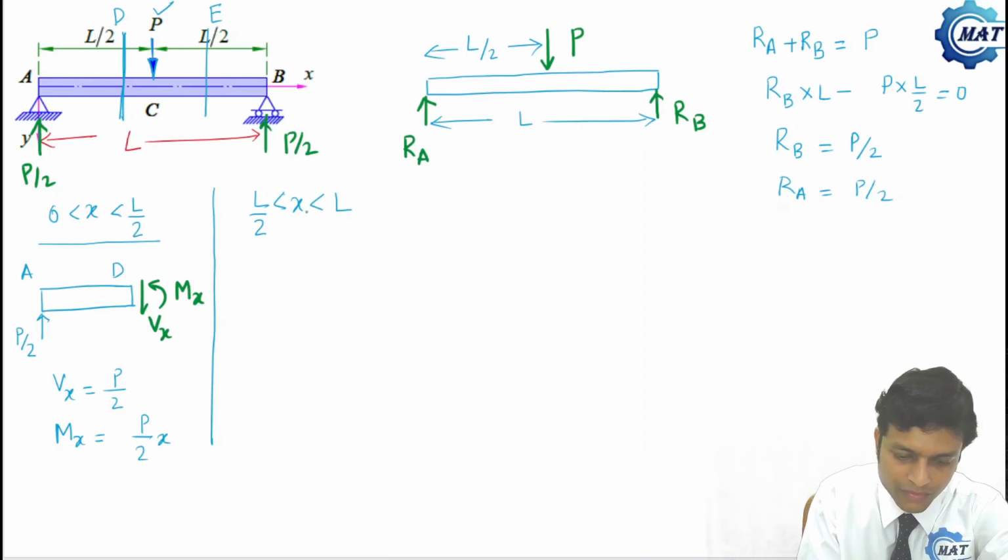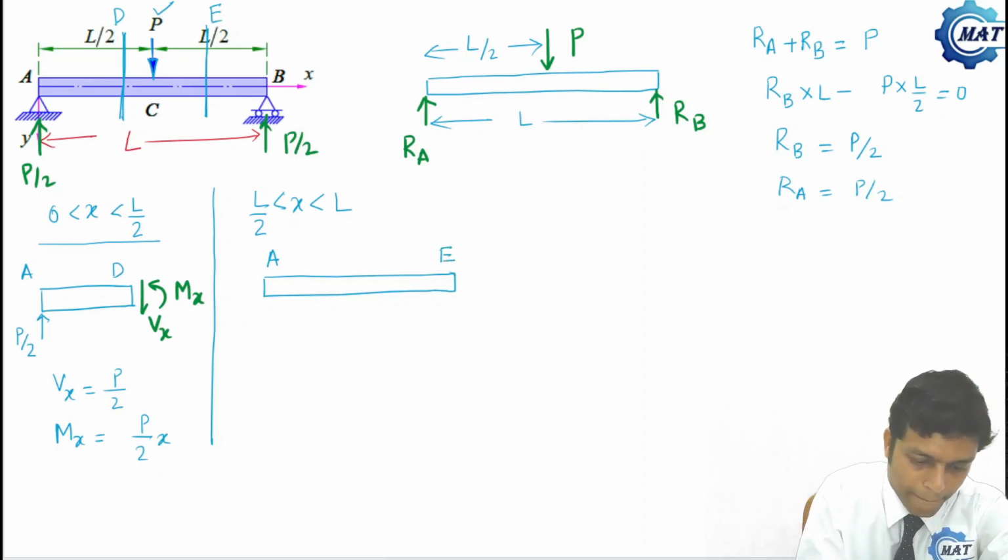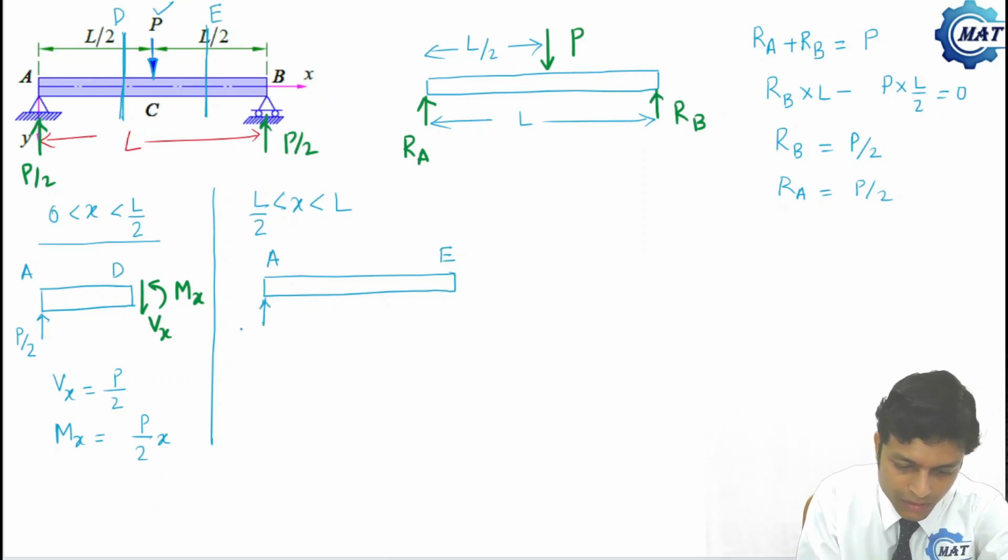Now let us draw the free body diagram for AE. This is A, this is E. The reaction force here is P by 2. Here at L by 2, force P is applied.